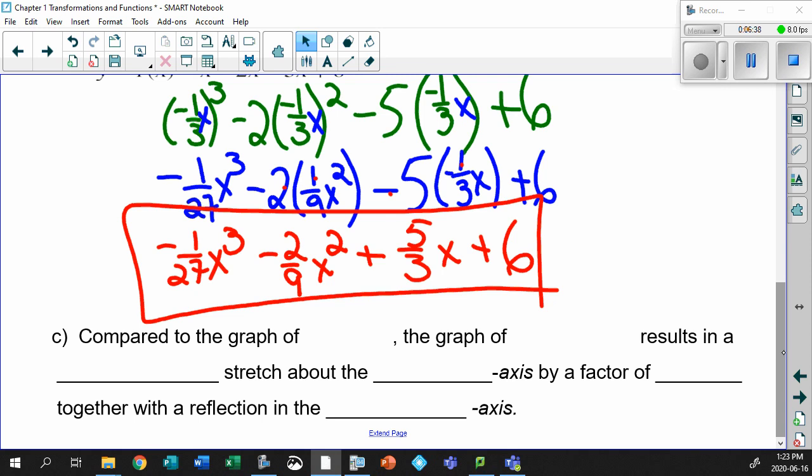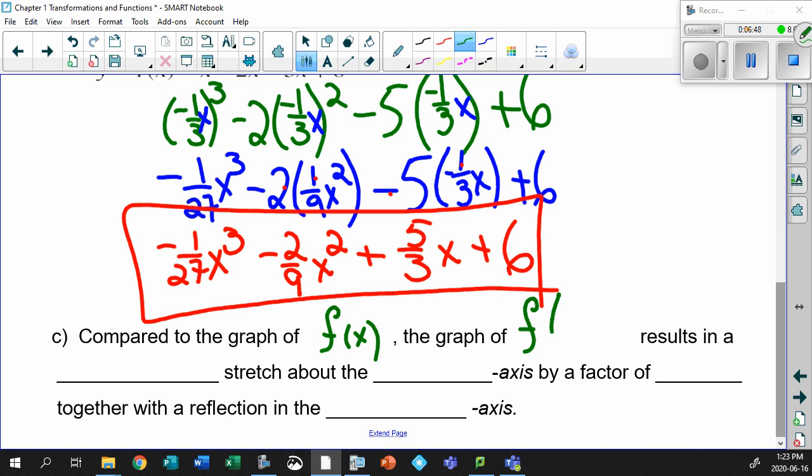Okay, anyways, compared to the graph of f of x, our first function, the graph of this new function, f of negative 1/3 x, results in a what? Horizontal, you're right, horizontal stretch.